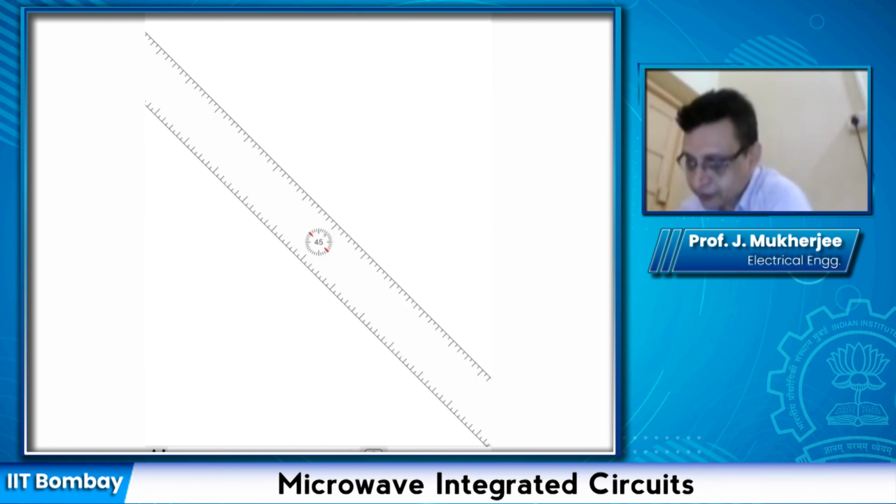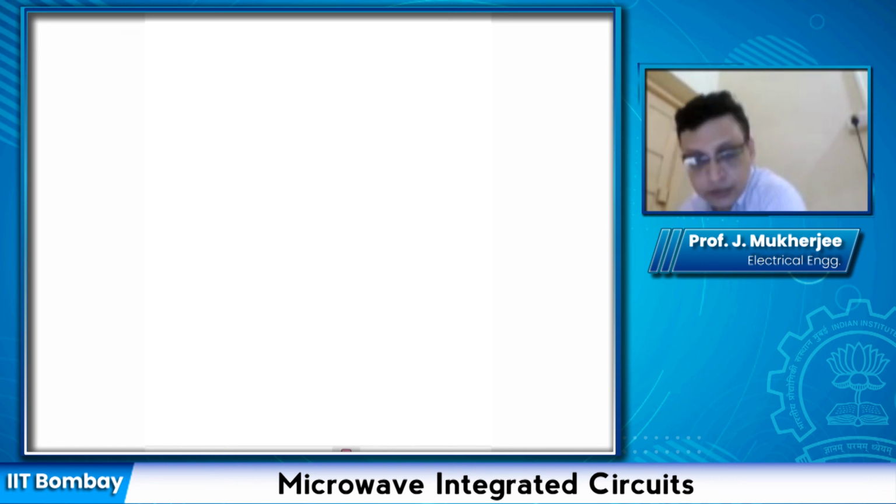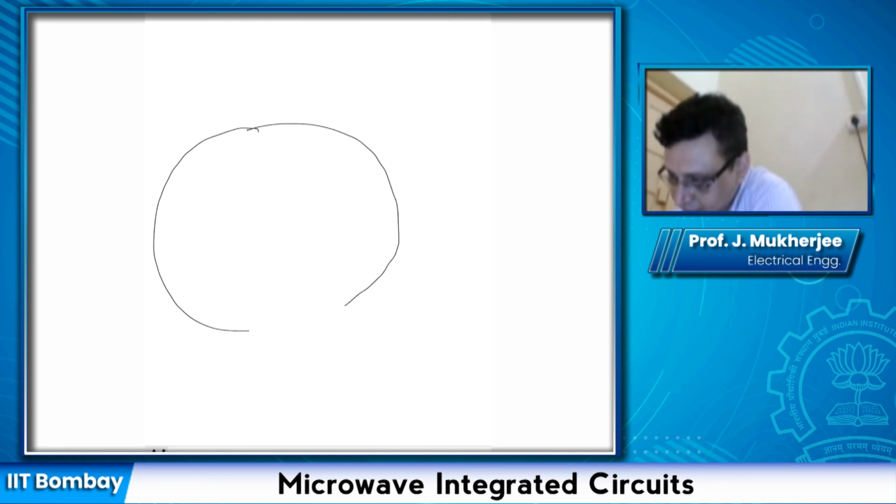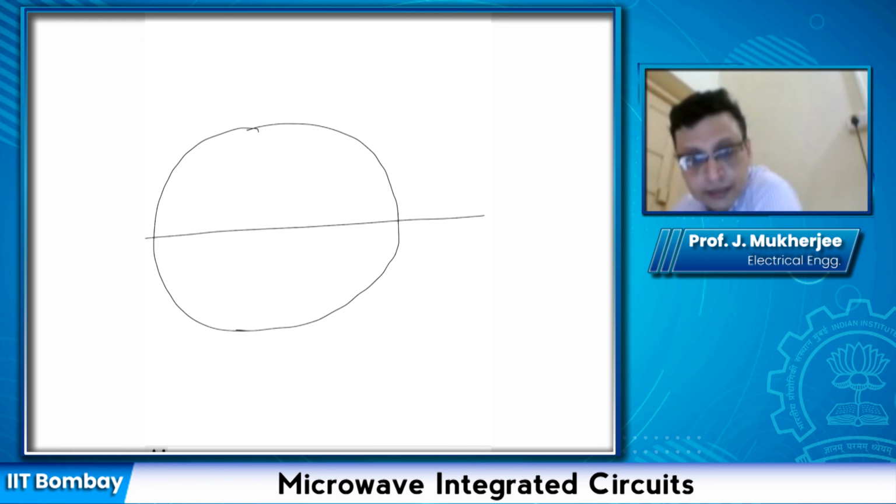Suppose we have our Smith chart, something like this. This is our unit circle. Now suppose this is a constant resistance circle where the resistance is Ra.